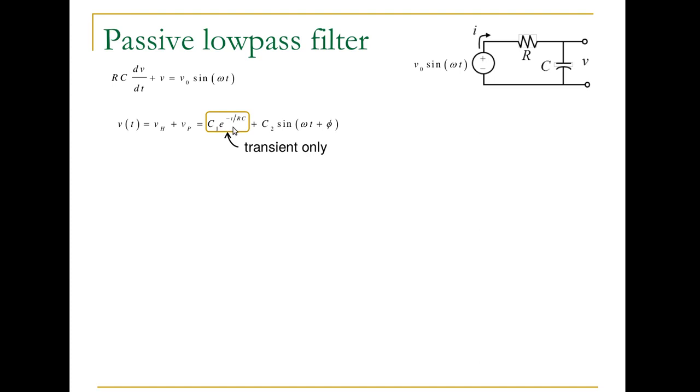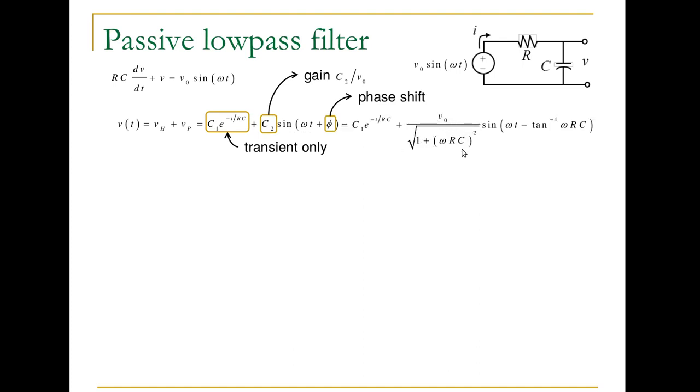The homogeneous solution is transient, so it goes away as time increases, and we're left with the forced response. The gain of the forced response is given by this quotient, so it's the input magnitude divided by the square root of 1 plus (omega RC) squared. And then the phase shift is given by the inverse tangent of omega RC.